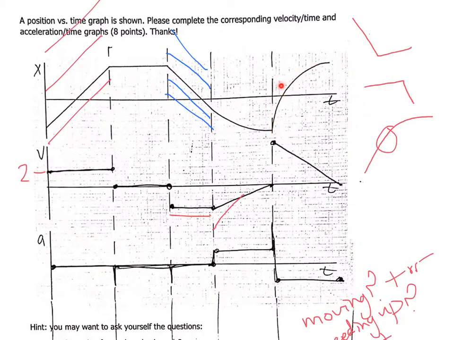So we have a positive slope that is approaching 0, meaning we have a positive velocity that is approaching 0. The positive velocity means it's above the time axis, and it is approaching 0, meaning it starts from somewhere up here and slopes downward. So if we had drawn that like this, or like this, or like this, all of those would be correct.